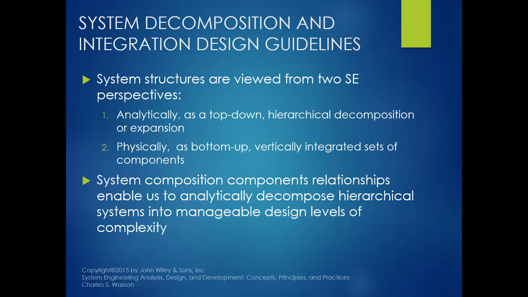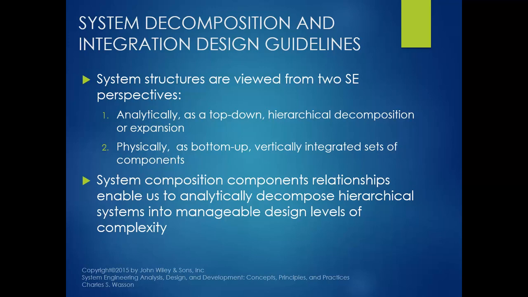The system structure or structures are viewed from the point of view of the system engineer first analytically as a top-down hierarchical decomposition or expansion, and from a physical point of view as bottom-up vertically integrated sets of components. So we need to look at both sides, the analytical and the physical, and understand how it can be done.